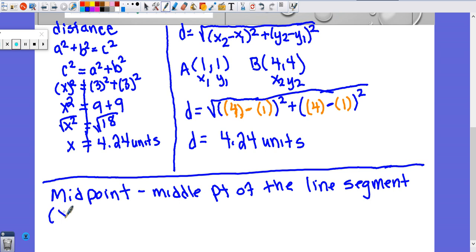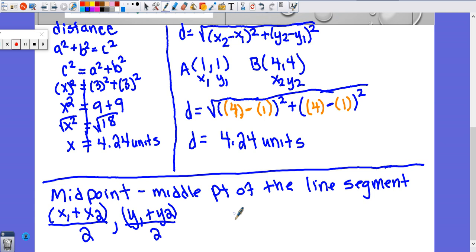You take the x1 and add it to the x2, and you divide it by 2, and then you take the y1, add it to the y2, and divide it by 2. Okay, that's your midpoint formula. So if you can remember what midpoint means, you take the x's, add them together, divide it by 2. You take the y's, add them together, and divide it by 2.